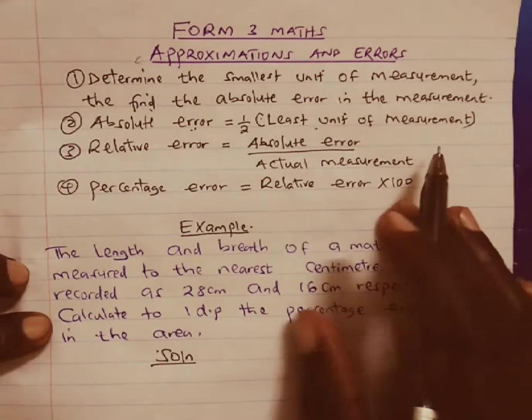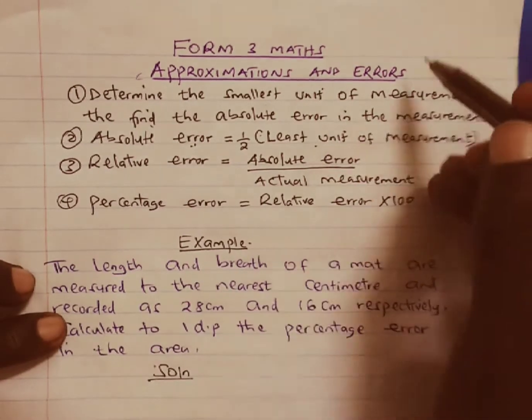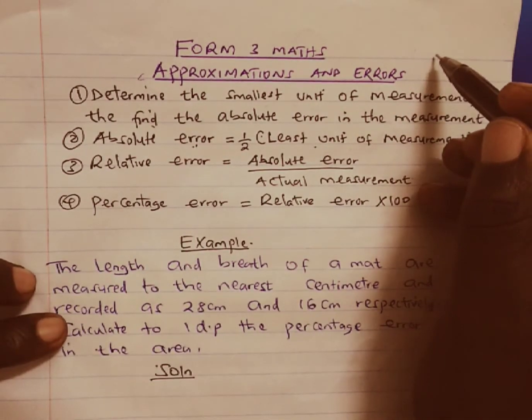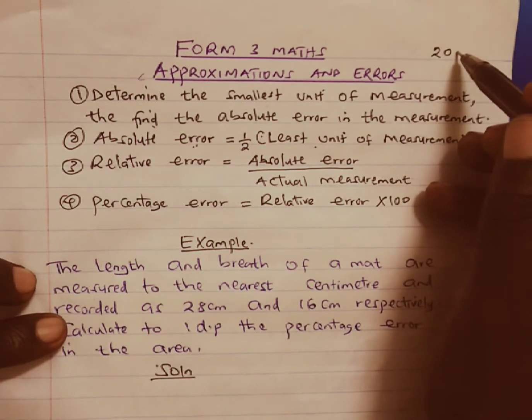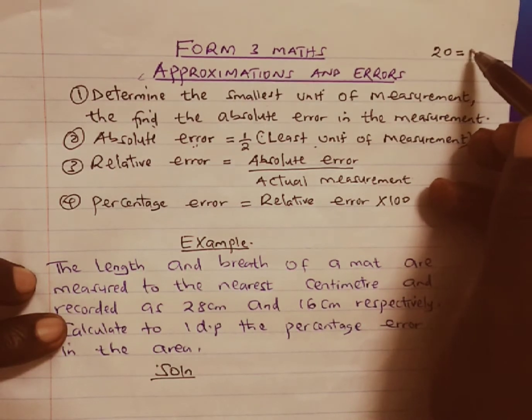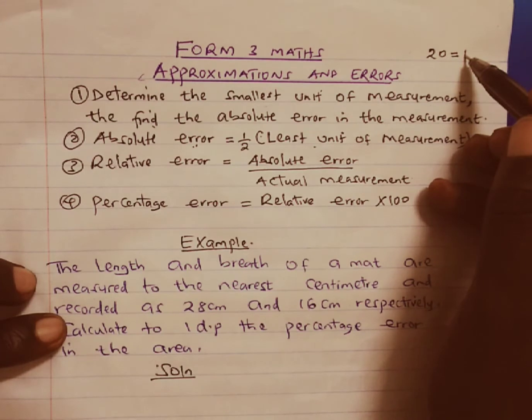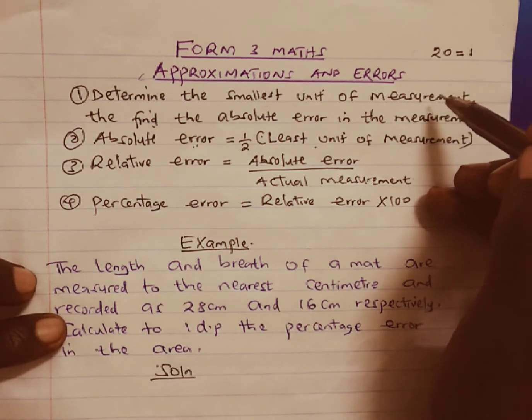That is to say, if a number is given to the nearest whole number, as for example 20, then the least unit of count is going to be 1. That is the least or the smallest unit of measurement.